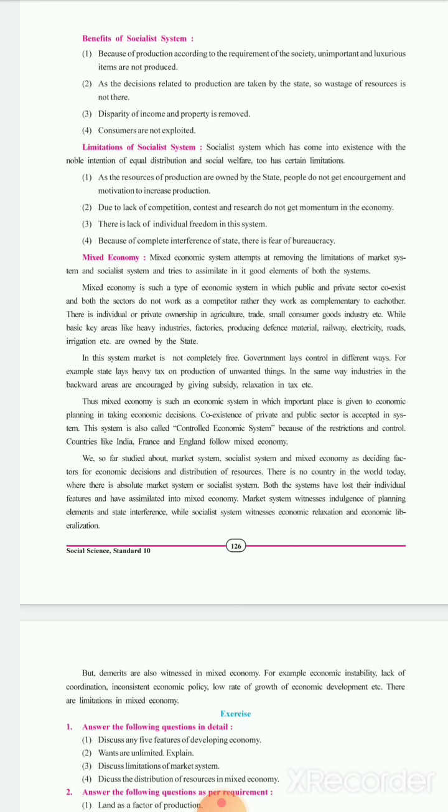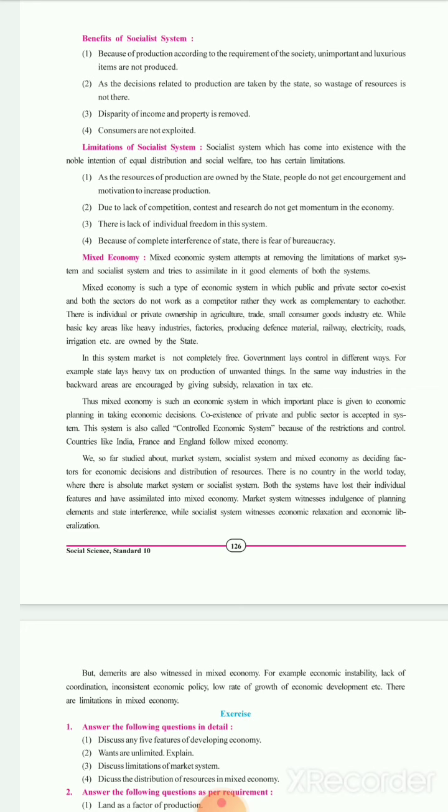At present, there is no country in the world where there is an absolute market system or socialist system. So both these systems have lost their individual identities and have assimilated into a mixed economy, that is a mixture of both the systems. The market system witnesses indulgence of planning elements and state interference, whereas the socialist system witnesses economic relaxations and economic liberalization.